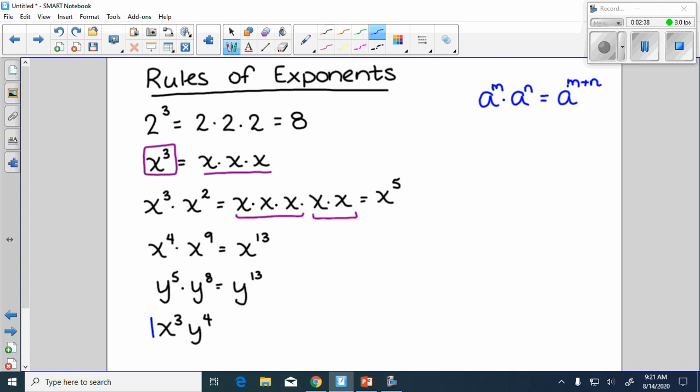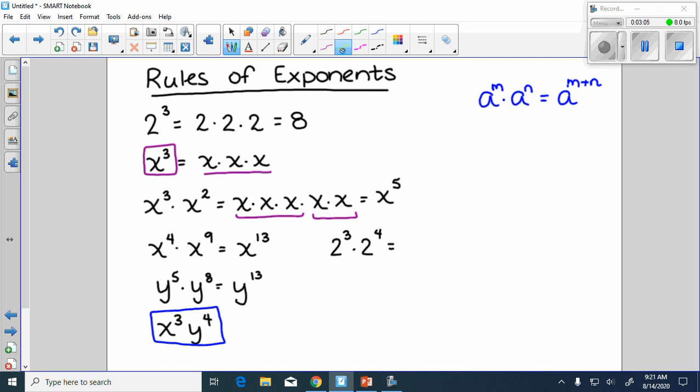So this is the best we can do. Also, if we have 2 to the 3rd times 2 to the 4th, rules of exponents are one of very few situations where if I give students numerical bases instead of x's and y's, they're more likely to make a mistake.